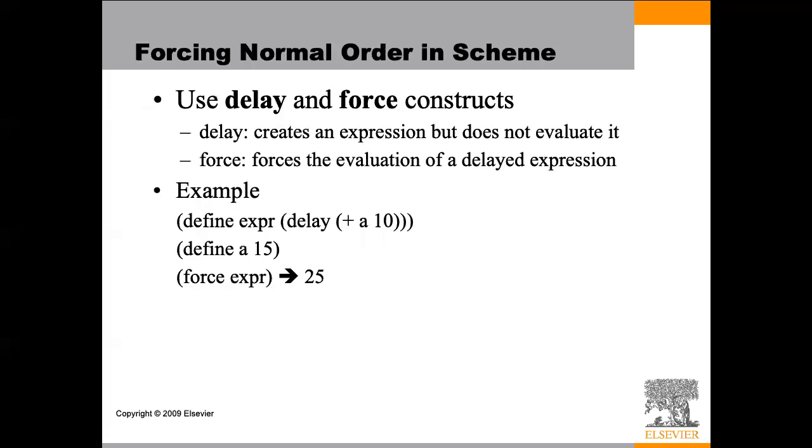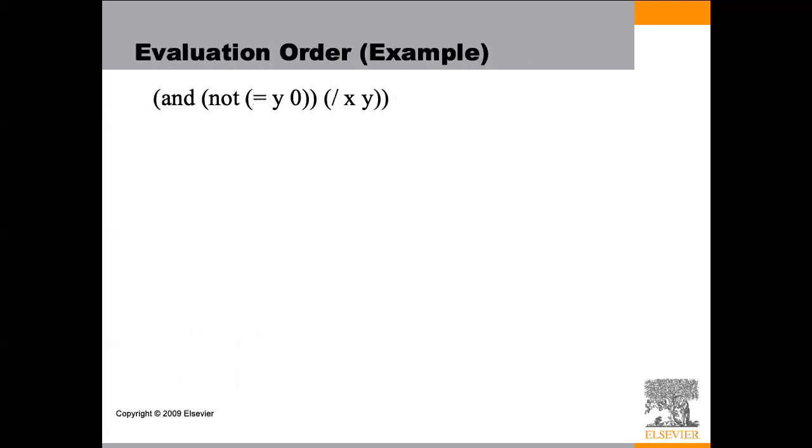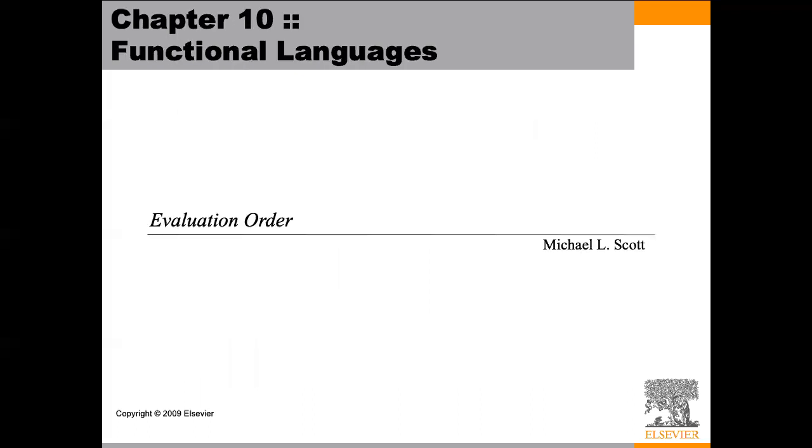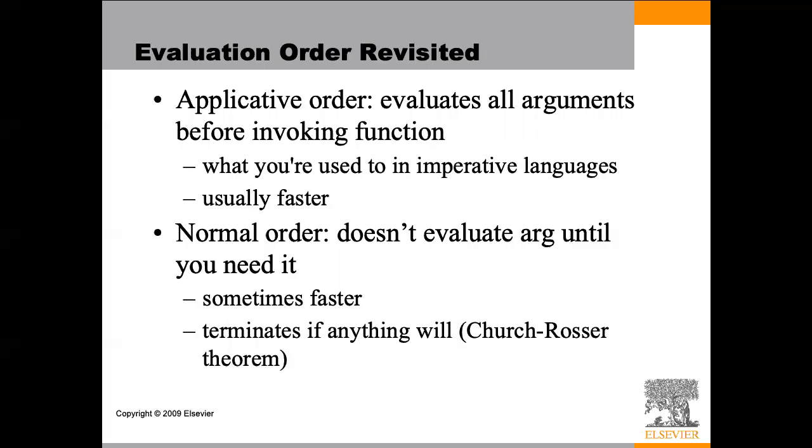Okay. So in functional programming, and actually in any imperative language as well, there's a notion of the evaluation order of arguments to functions and to special forms like if then else, switch statements, conditional ands versus regular ands, ors.